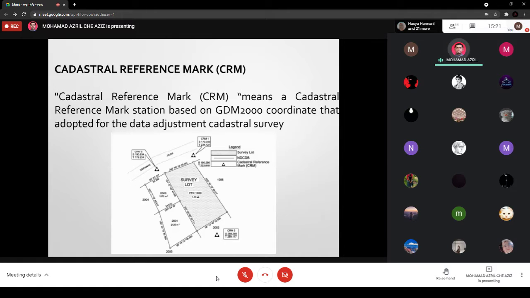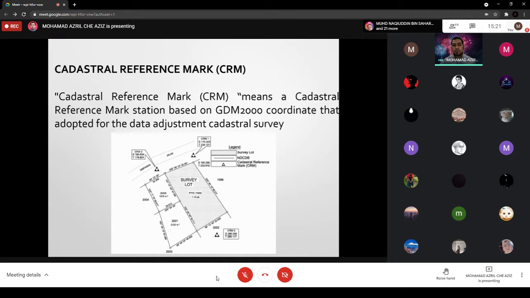For example here, you see a few lots. If you are required to survey this land parcel, PTD 1000, you can see this land parcel has already become a lot, with lot numbers 2000 and 2001.